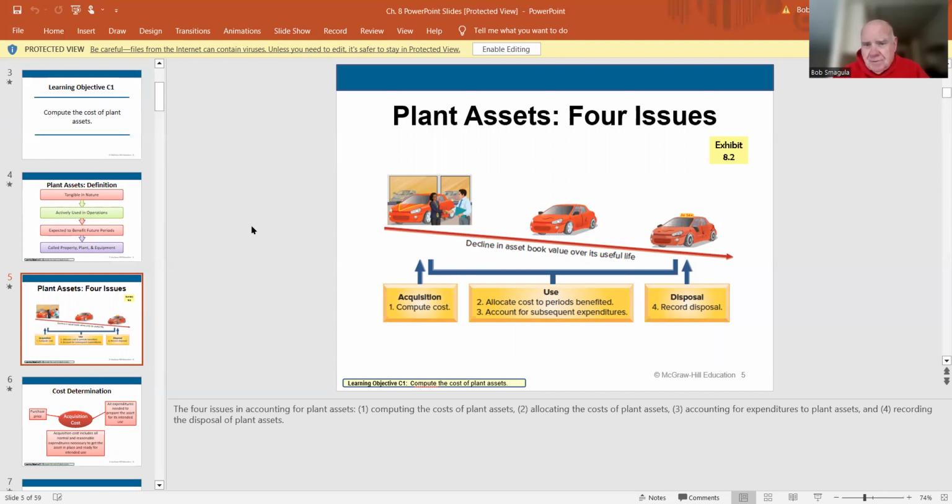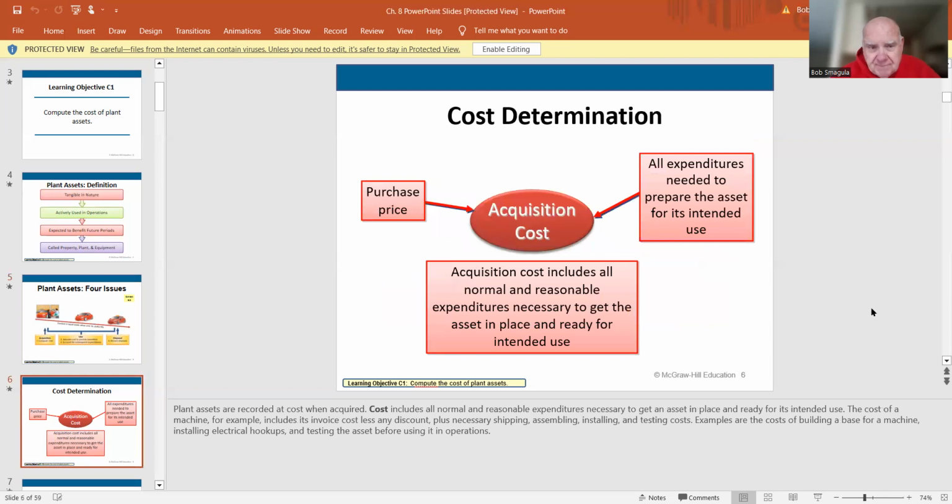The cost of that freight, moving that item across the country, becomes part of the fixed asset cost, as does any insurance policy you may have bought to cover you while it's being delivered, okay? So you have the acquisition cost that you have to compute. And then we're going to allocate this over periods of time via depreciation expense.